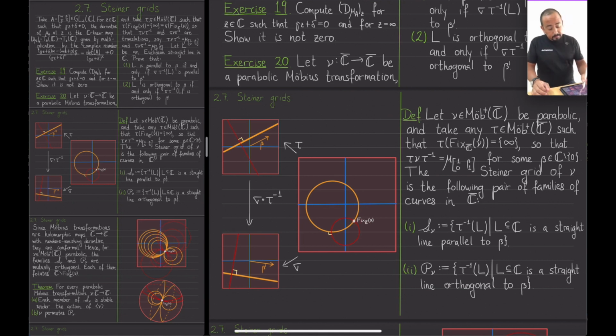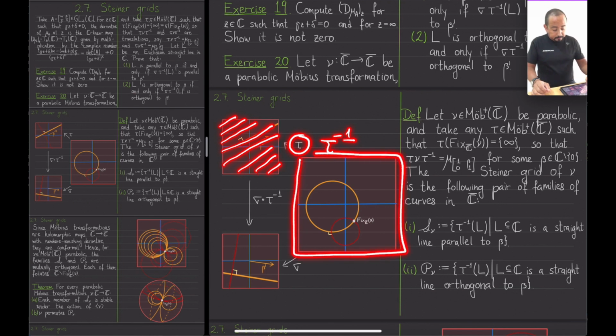Namely, take tau inverse and take all the lines parallel to beta, and map them through tau inverse.